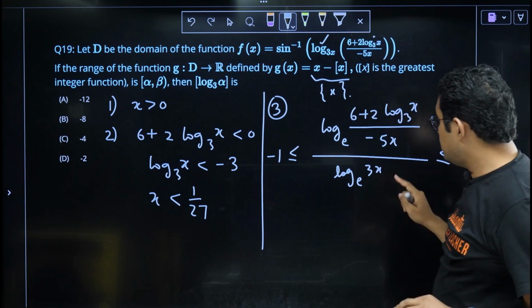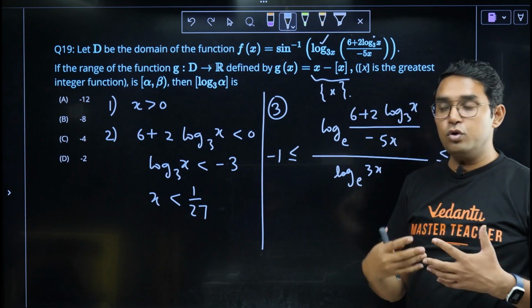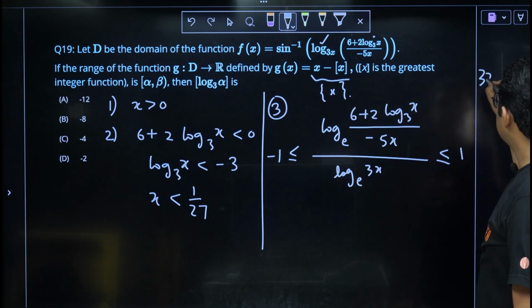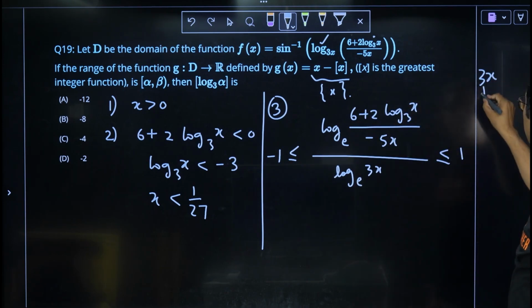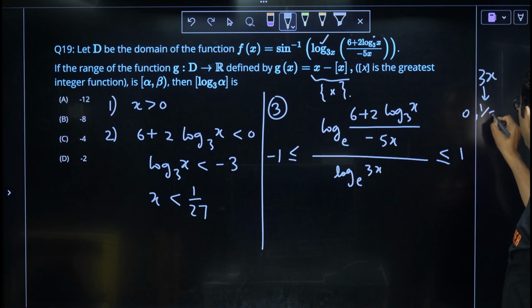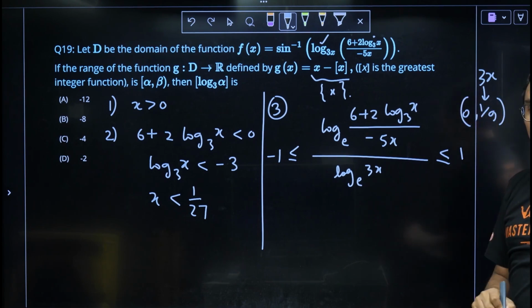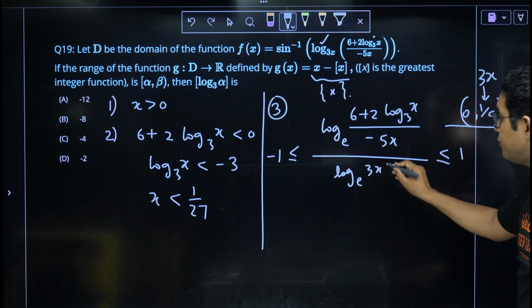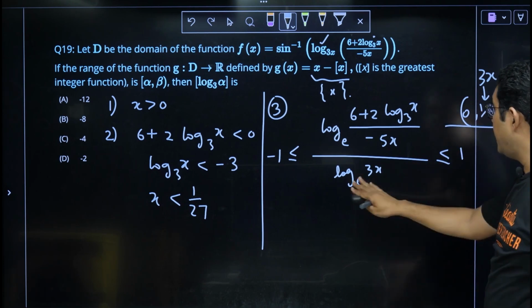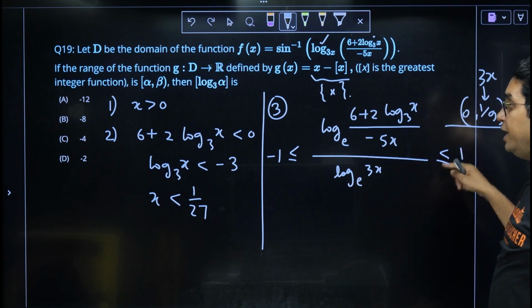Now, because x is between 0 and 1 upon 27, 3x is also between 0 and 1 by 9. So log of 3x base e has to be a negative quantity. I can multiply, but then the inequality sign will change.